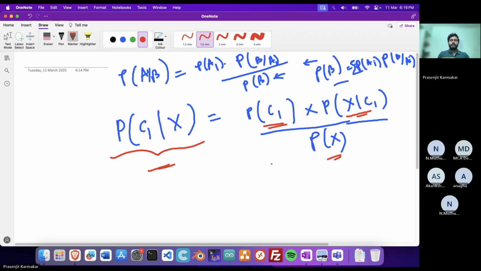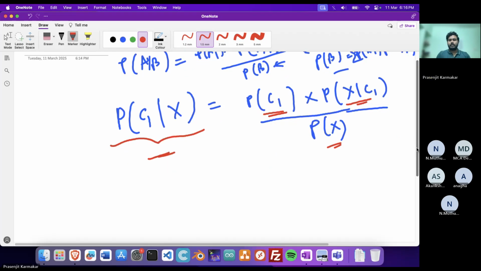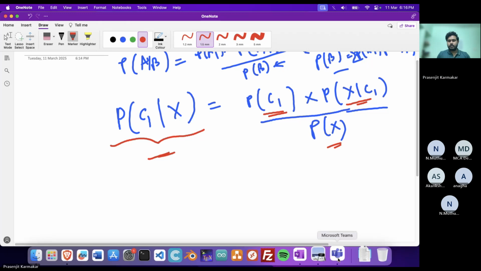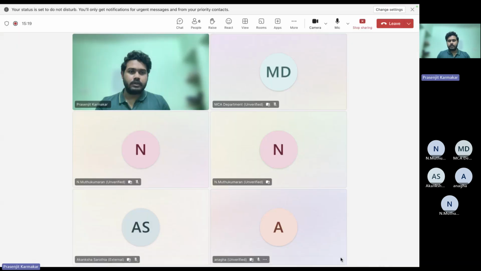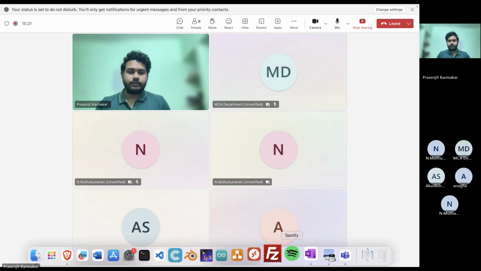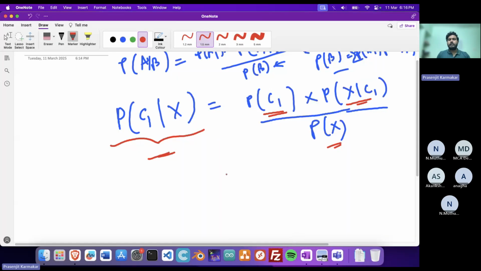So one good example would be... I guess you have already done those types of math questions, the standard naive Bayes questions.